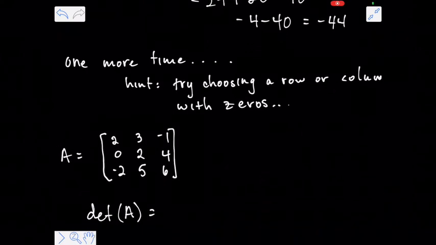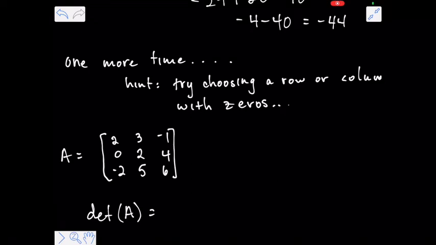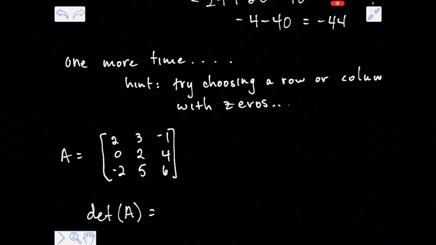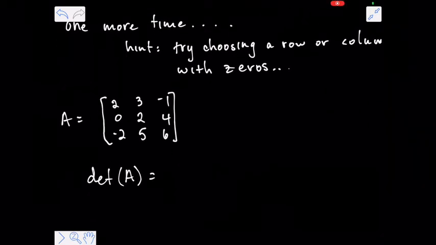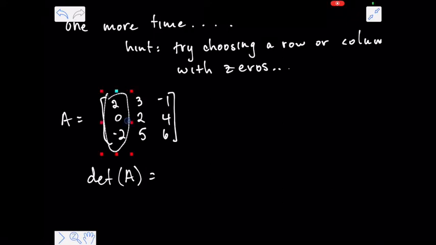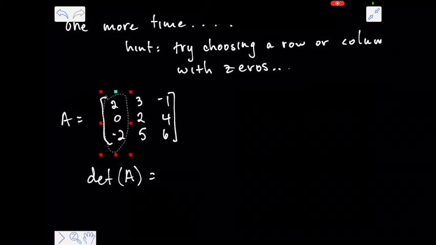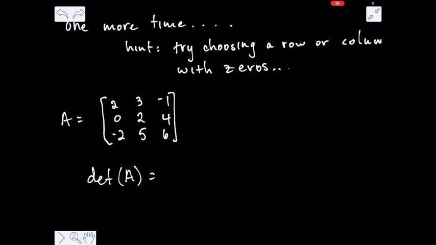Not that it's easier, it's just shorter. You may not have to compute all of the cofactors. So one last time, I'm going to now expand along that column because it has a 0 in that second spot right here.